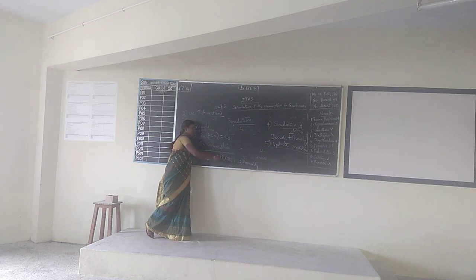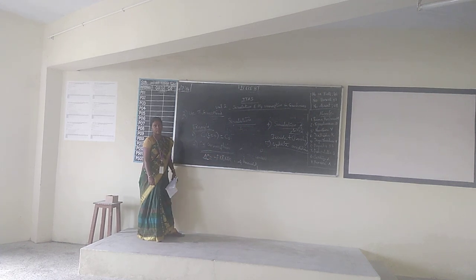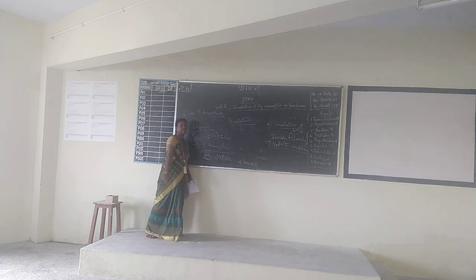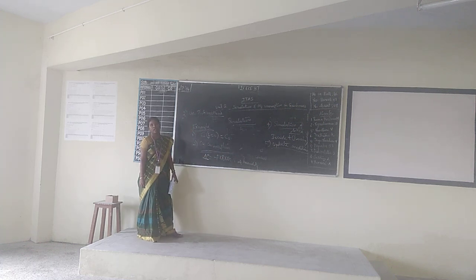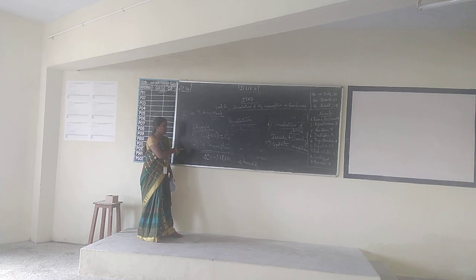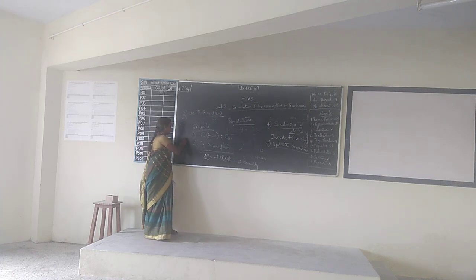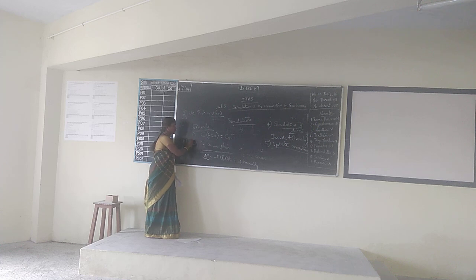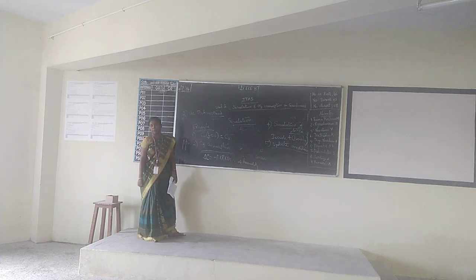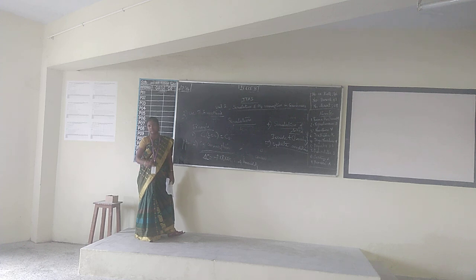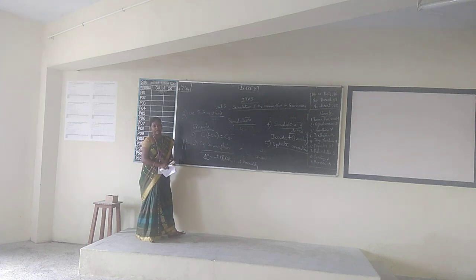R is nothing but an energy rate, with the unit of ppm. What is the meaning of ppm? Parts per billion.